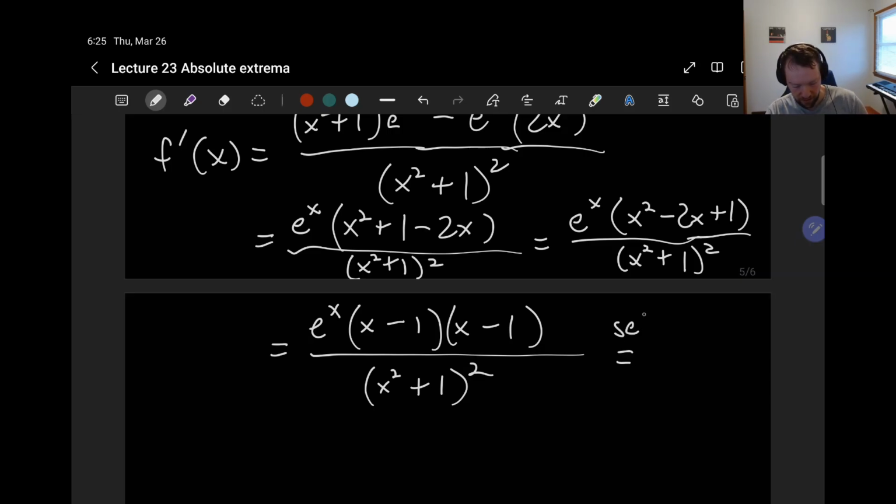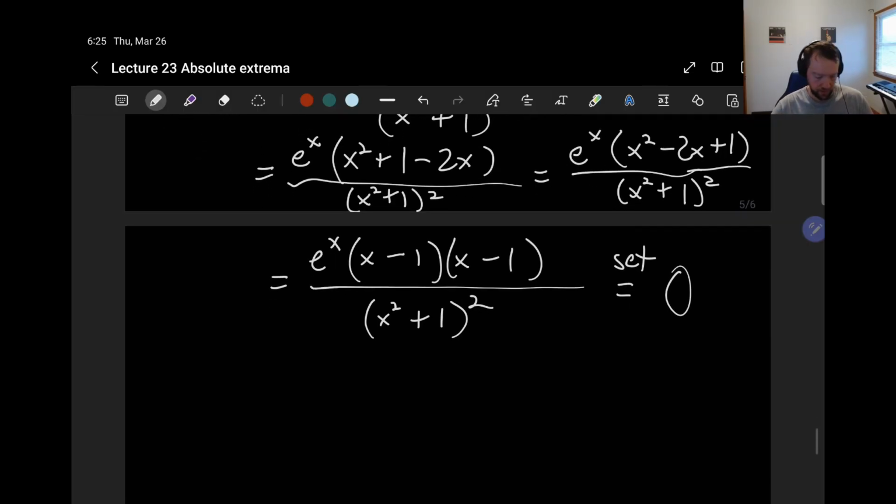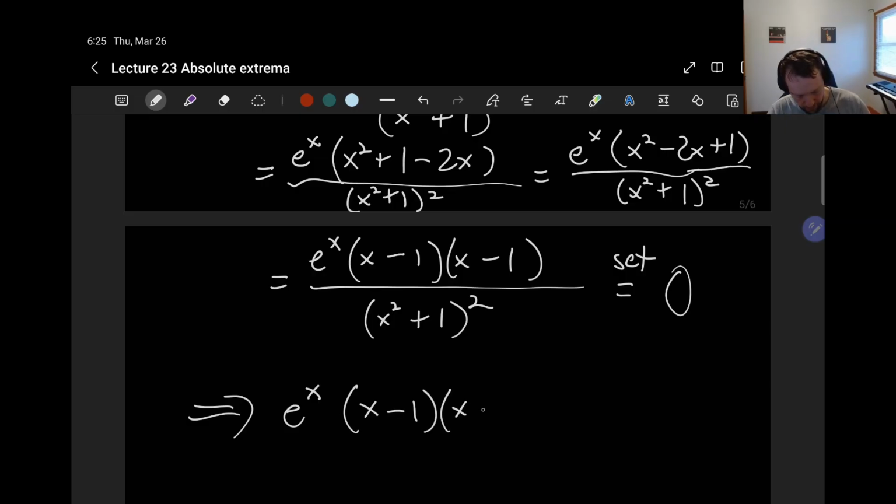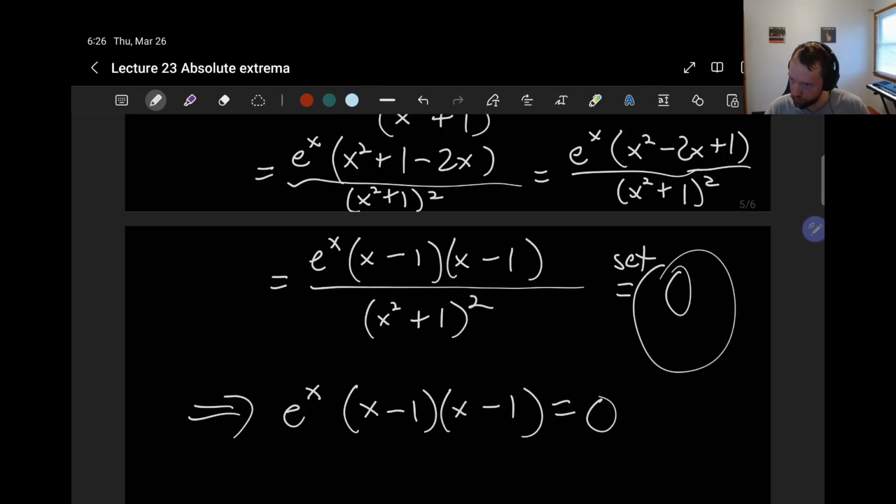But could this ever be 0? And the answer is yes. Well, whenever you have a quotient equal to 0, really all that matters is the numerator. Because it could help to think of it this way. I could multiply both sides by this denominator, and I would still have 0 over here.